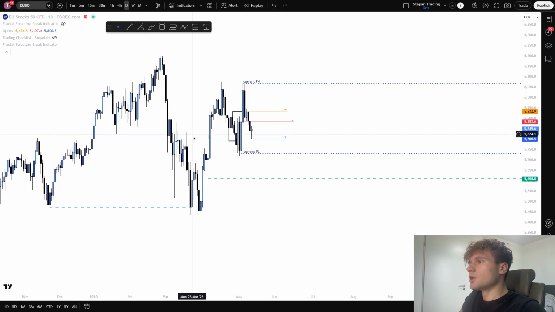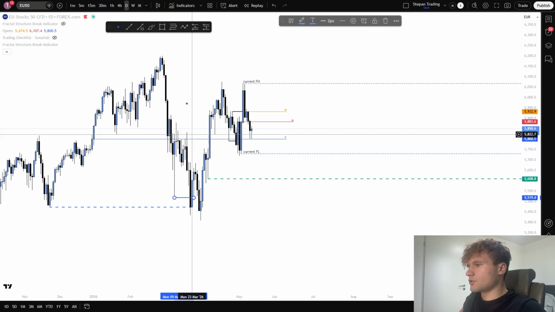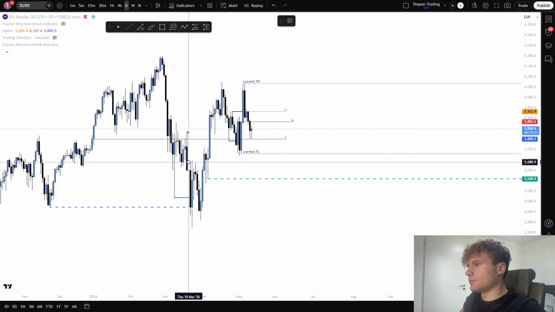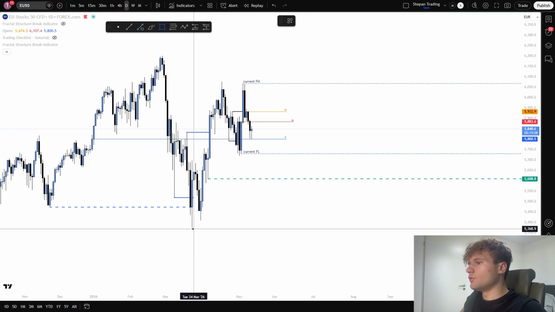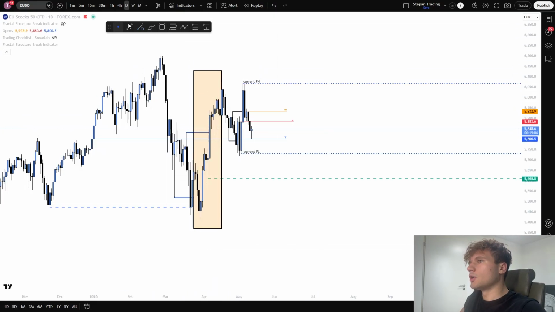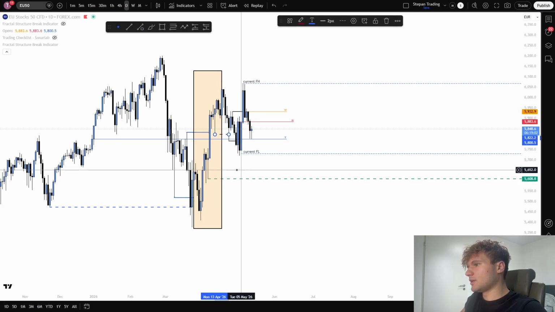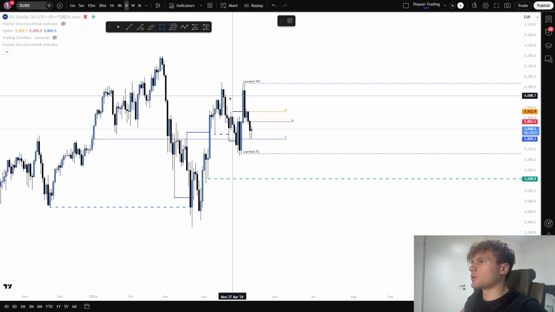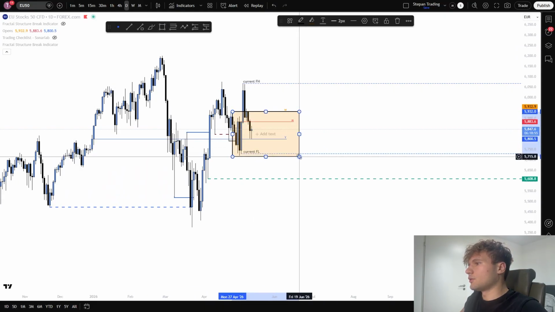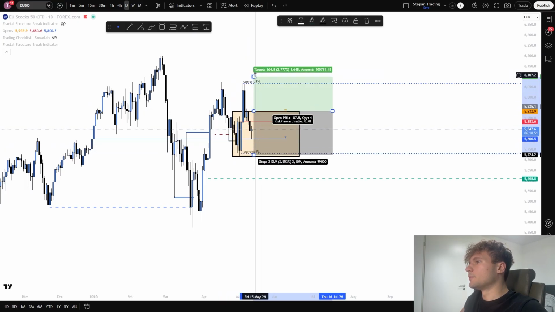So for me, we saw a change of character here because we had this break of structure down, and now this break of structure up. Inside of this move, this impulse, we have liquidity situated here and here. And then we saw a break of structure down and a break of structure up, creating this demand zone. And from then on, I just went long.